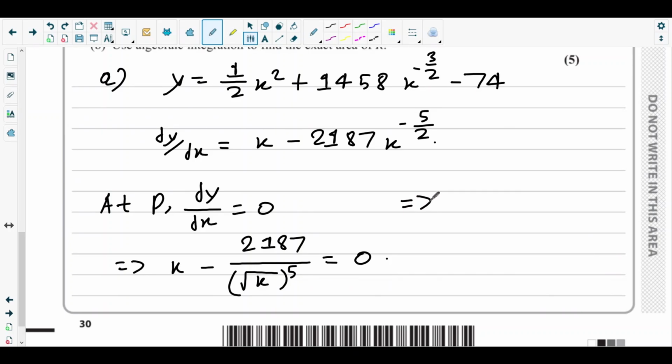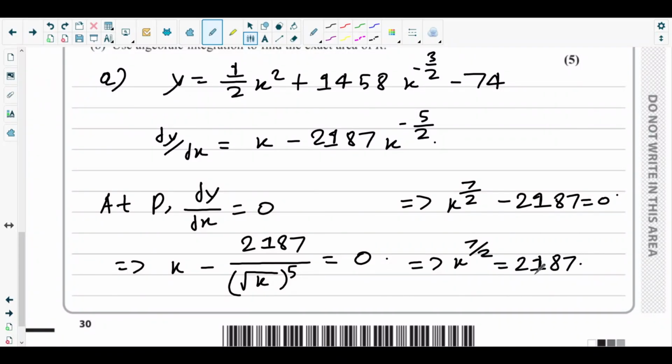So x to the power 5 over 2 times x gives x to the power 7 over 2, minus 2187 equals 0. So x to the power 7 over 2 equals 2187. So the value of x would be 2187 to the power 2 over 7. This gives you exactly 9.